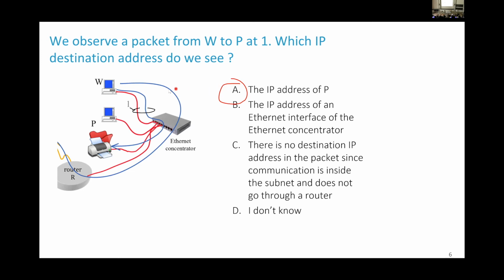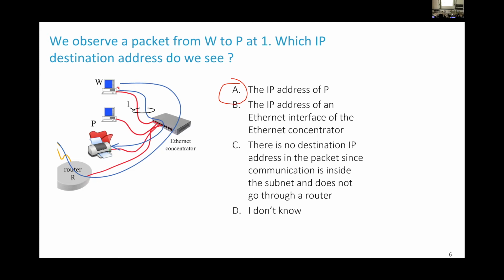So W will create an IP packet with destination address P, but the packet will be sent directly. What does that mean? The packet is sent directly to P. What does it really mean? Well, it means the MAC destination address is that of P. If W would have a packet to send to LN, it would send it to the MAC address of the router.